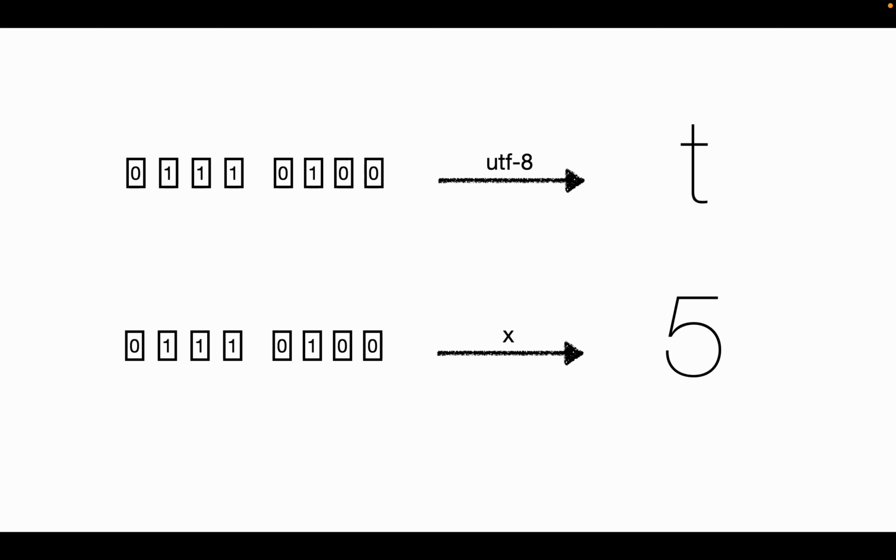So using UTF-8, this data would show this letter, and using our own character encoding, the same data would show another character. That's why we always have to specify the encoding system. Otherwise, we might get wrong characters on the screen. So remember that: always specify the character encoding.